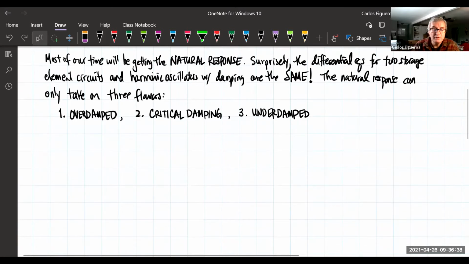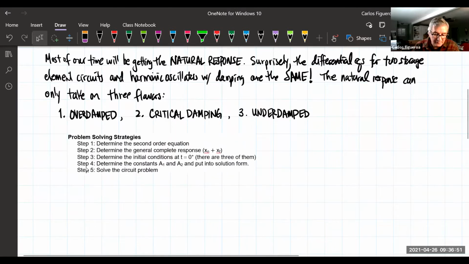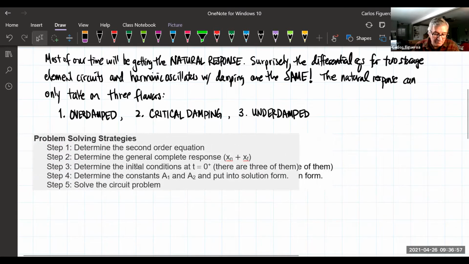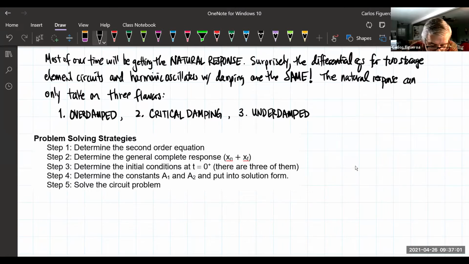So what I want to look at is the problem-solving strategies. They're very similar to the problem-solving strategies that we did with first-order circuits. There are 5 steps. Step 1 is to determine the second-order equation. I'm going to put a lot of stress on you.